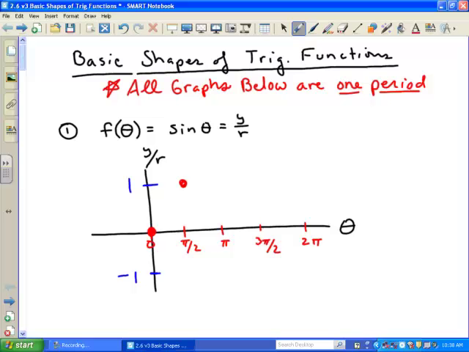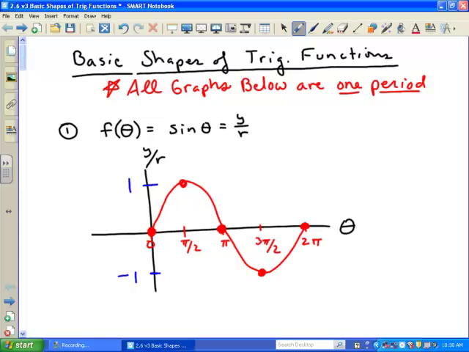If you plug in pi, the value is 0 again. If you plug in 3 pi over 2, the value is negative 1. And if you plug in 2 pi, the value is 0. Plugging in increments in between these angles will complete the chart, and it will give you other points that will determine that the shape of your function should look something like this.